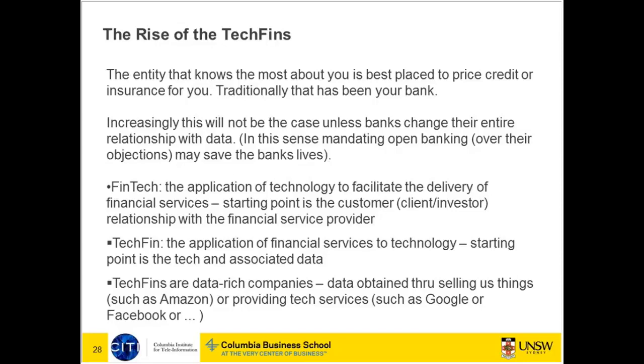And where this development is most progressed at the moment is China. When Ant Financial, which is Alibaba's finance subsidiary, makes a small loan to somebody in China, a loan of a couple of hundred US dollars, they claim to be using 20,000 data points on their average customer when the algorithms decide, and it's not a person, it's a bunch of algorithms, whether to extend credit to that person or not.